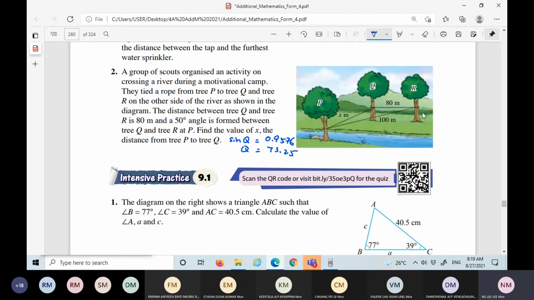But if you look at the diagram, angle Q here is obtuse. This one is definitely obtuse, as shown by the diagram. So Q should be 180 minus 73.25, which is 106.75. This one is the answer, this one is not the answer. So here you have to be careful: the Q is obtuse. I hope I have answered these questions.